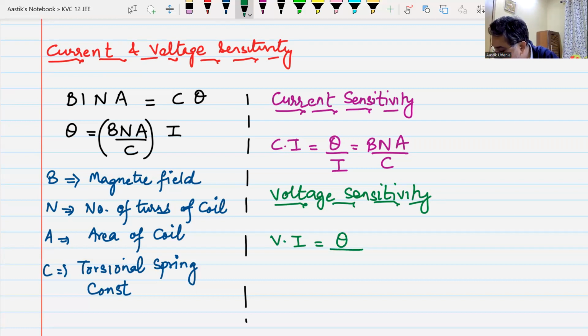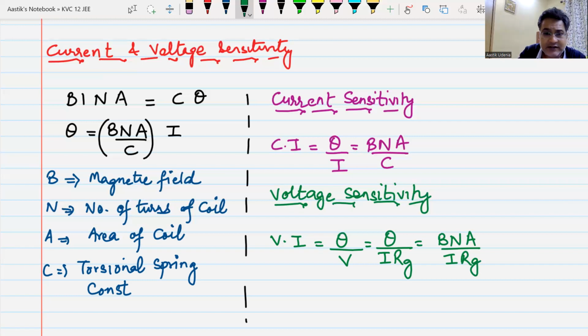It will be theta per unit voltage drop. Theta divided by I, which is the current in the galvanometer, multiplied by Rg. What is this Rg? Galvanometer resistance. So you can write it as BNA by I into R. Voltage and current sensitivity of a galvanometer.